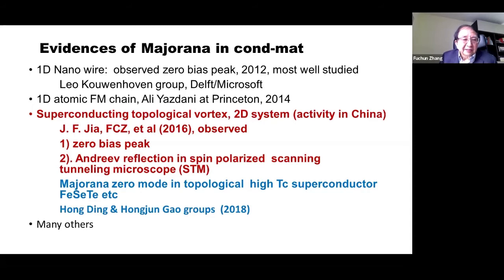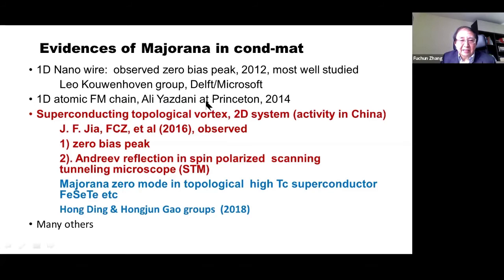And the third system studied is the superconducting topological vortex. Inside the vortex, there is a Majorana zero mode. So that is different from the previous two systems, which were 1D. Now it's a 2D system.